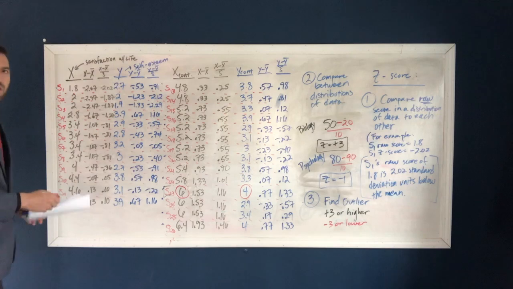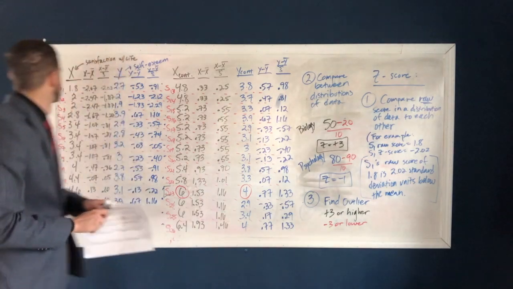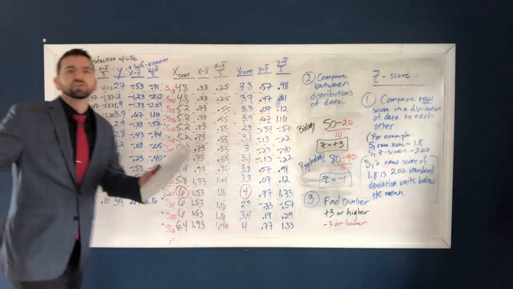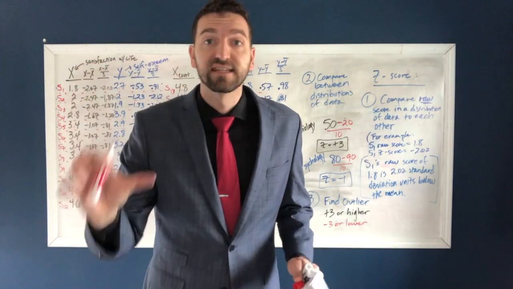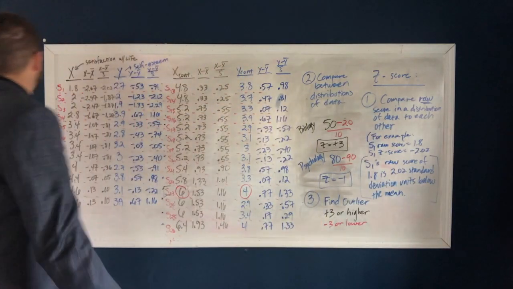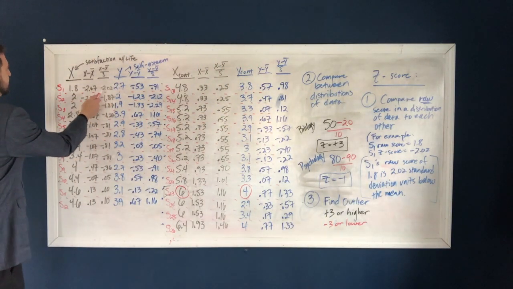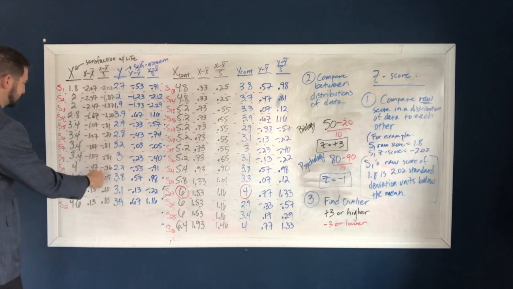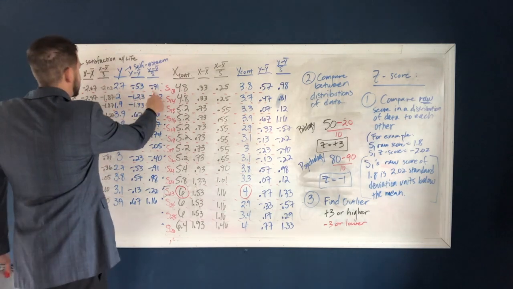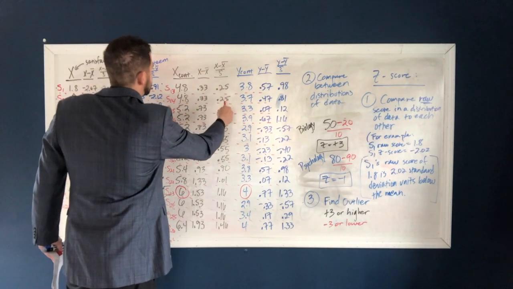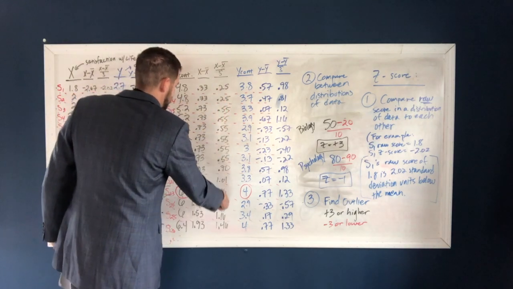Okay, so let's go ahead and check it out. Literally what we can do right now is look at all our z-scores and see if any of them qualify. I'm looking through all the z-scores, seeing if any of them qualify.